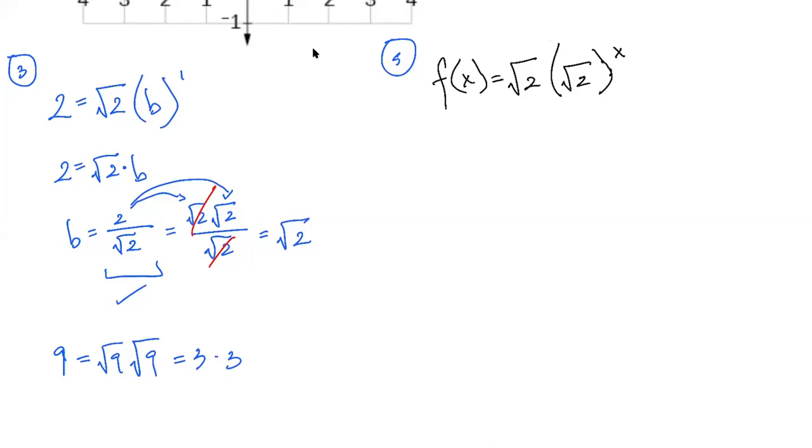Okay. I am so glad that you said that. So Laura said we could simplify this to be f of x equals 2 to the x. True or false?